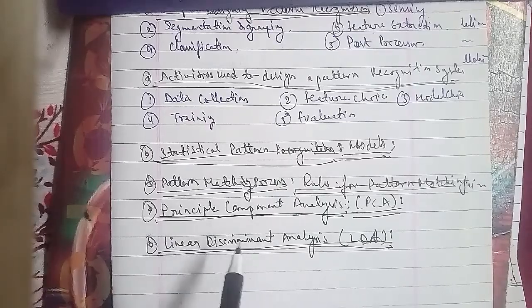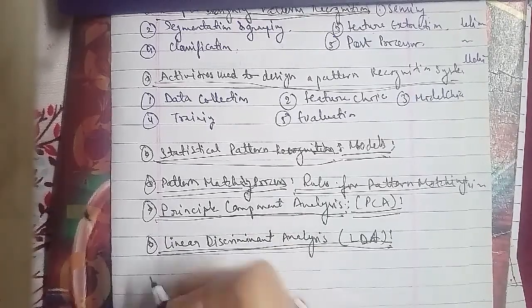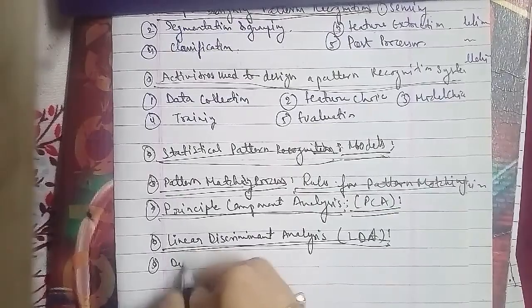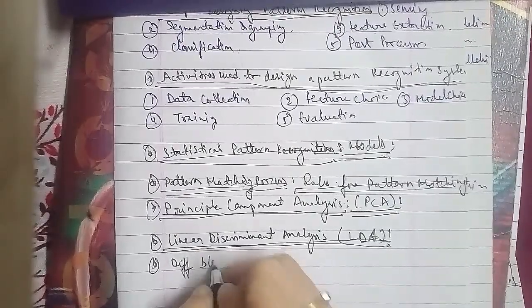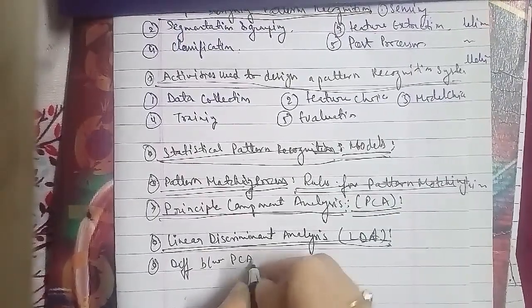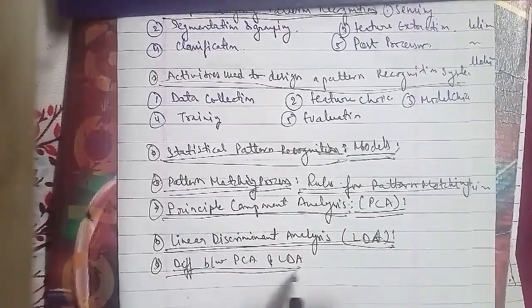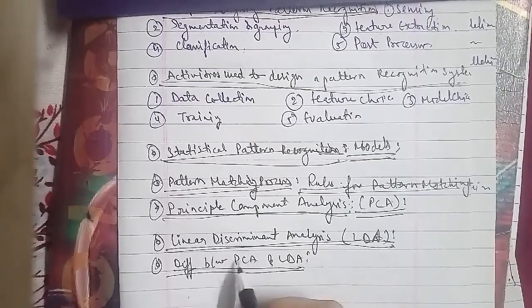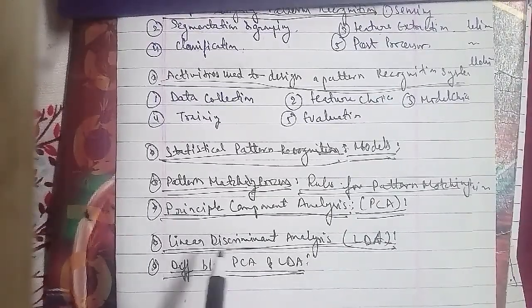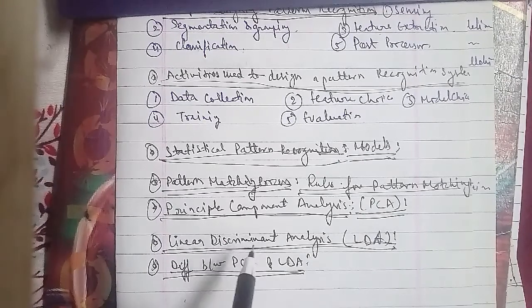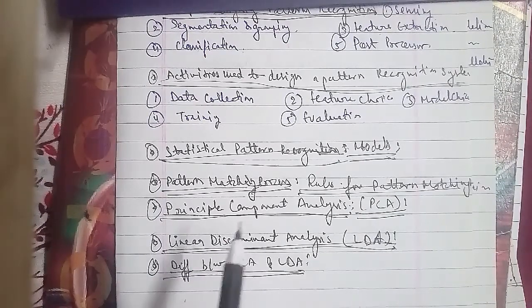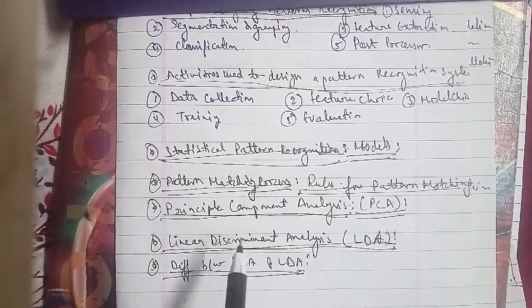Now we'll go ahead with the differences between PCA and LDA. The prime difference between PCA and LDA is that PCA does more of feature classification and LDA does data classification.